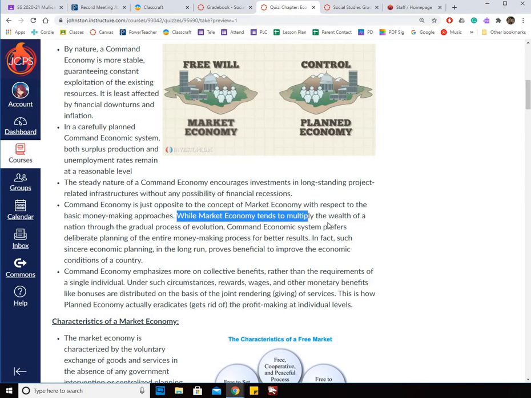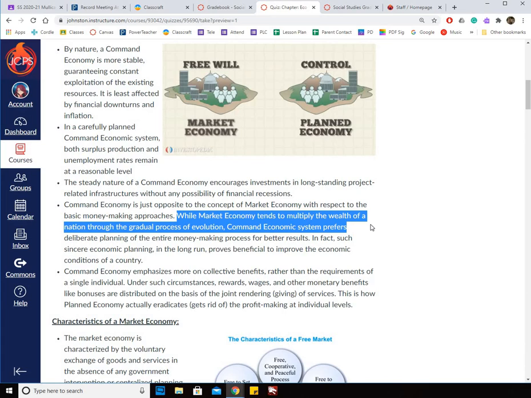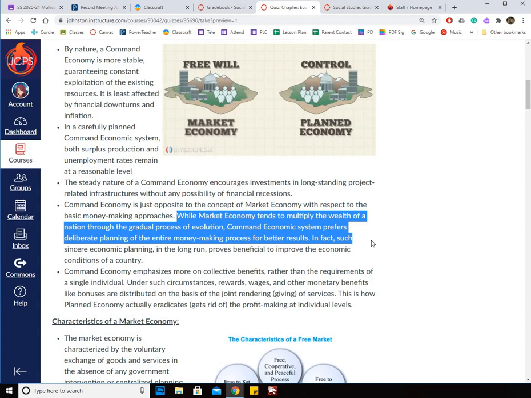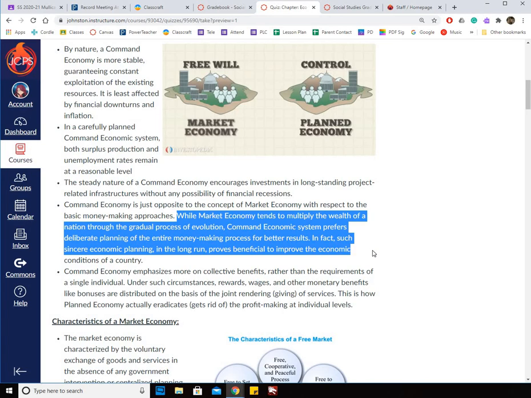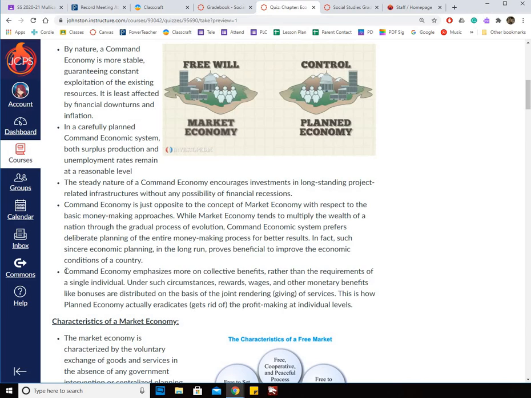While market economy tends to multiply the wealth of a nation through the gradual process of evolution, command economic system prefers deliberate planning of the entire money-making process for better results. In fact, such sincere economic planning in the long run proves beneficial to improve the economic conditions of a country.